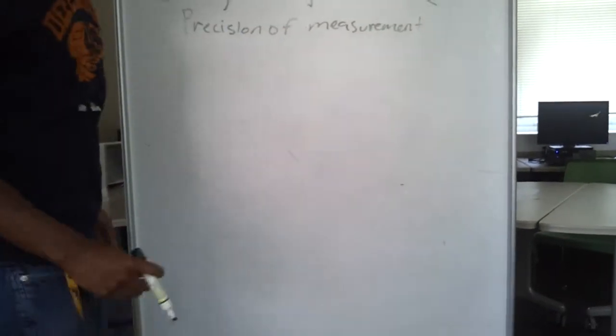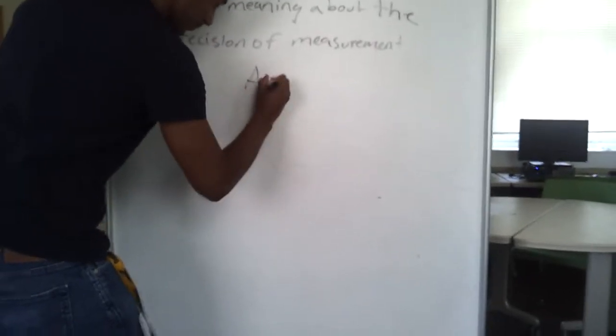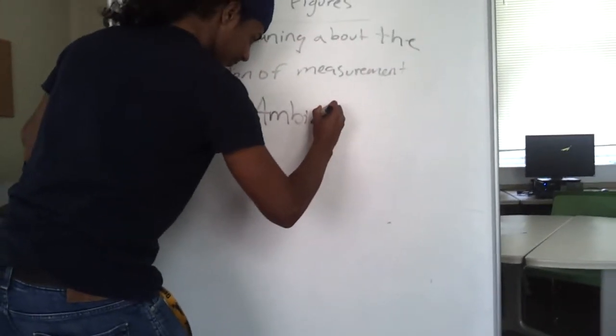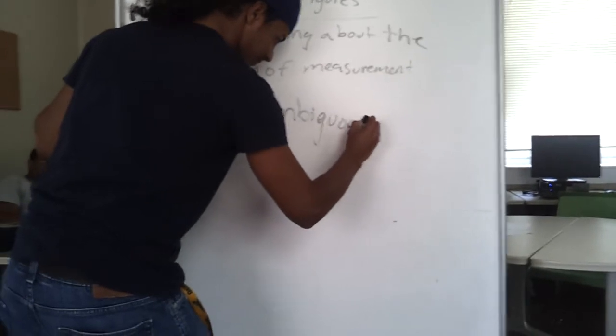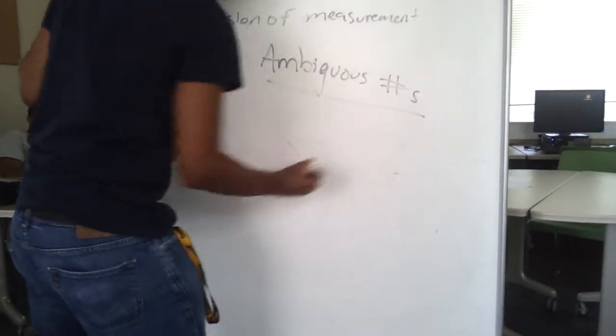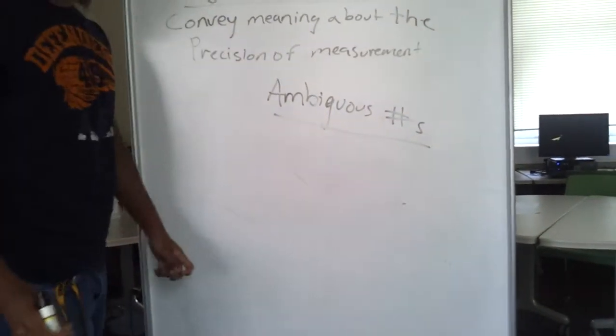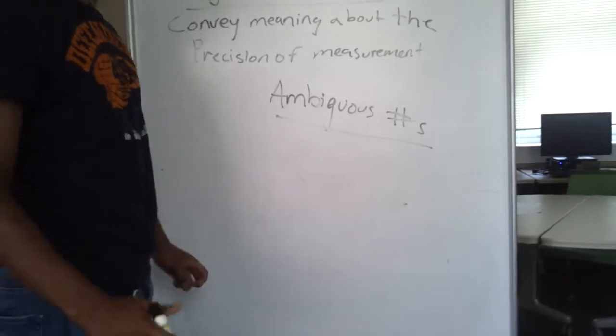Another case that comes up often are ambiguous numbers. In this case, numbers are not given a decimal place or a stopping point with zeros at the end.